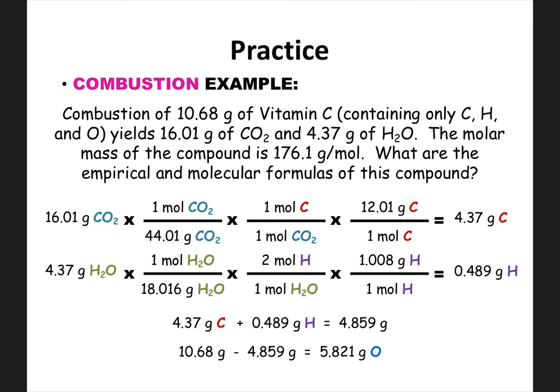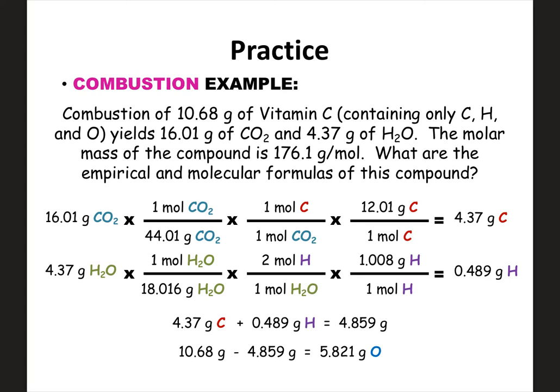So take the original compound, which is 10.68 grams, that would be the carbon, hydrogen, and oxygen. If you subtract away the amount that's just carbon and hydrogen, you're left with the amount of oxygen that must have been in the original compound. So remember, you're always going to need to figure out the oxygen this way, where you total them up and then subtract away from the original mass of the compound.